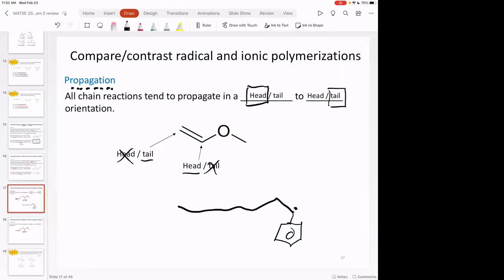It's the most substituted carbon, it's the most stable radical, and the growing chain end is the most substituted carbon. Great. Why does it add to the tail? Why don't I just get head-to-head addition?